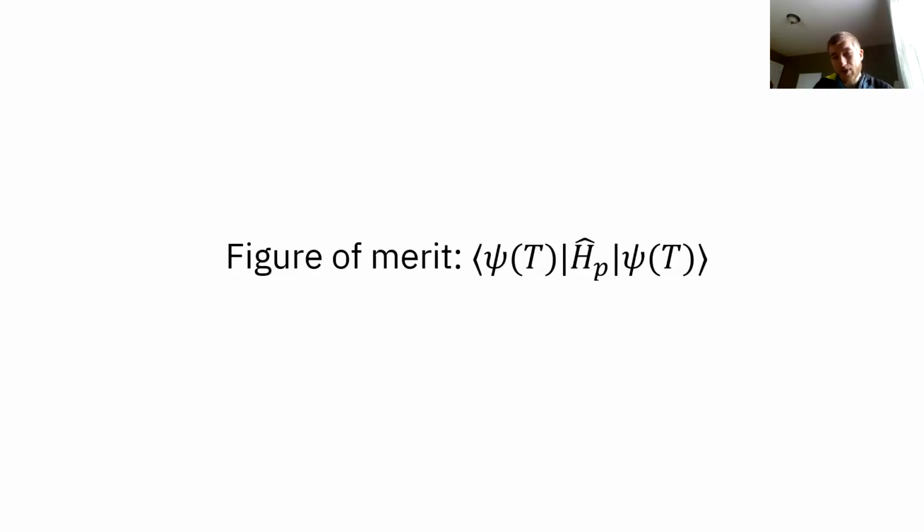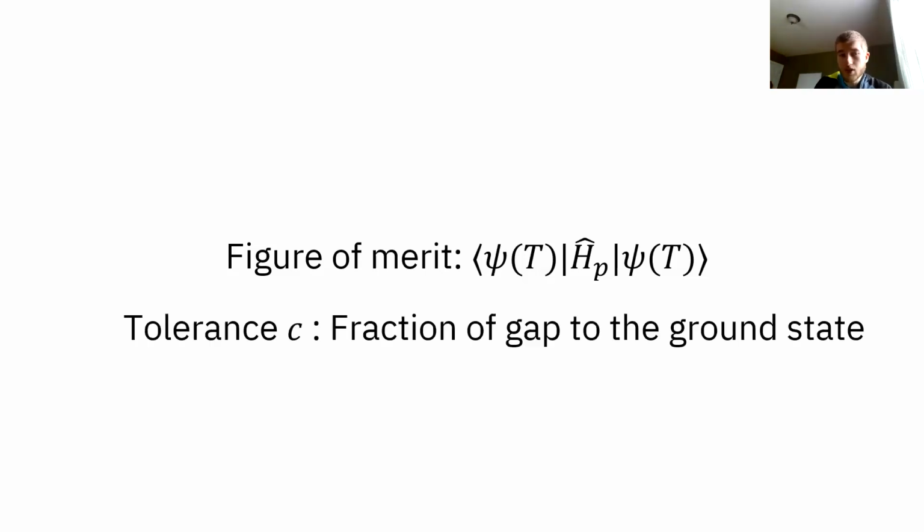And in fact, we have this figure of merit with some tolerance. So we define this tolerance C, which is a fraction of the gap between the ground state and first excited state of this problem Hamiltonian. And so as we make this fraction smaller, we have a tighter and tighter tolerance towards being at the ground state energy for our output state.